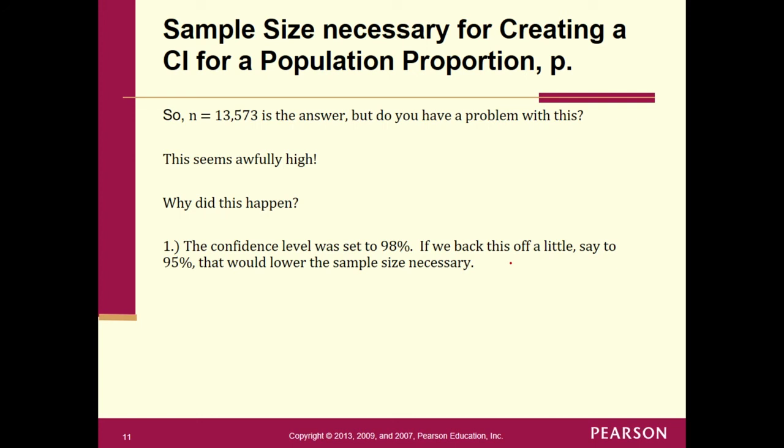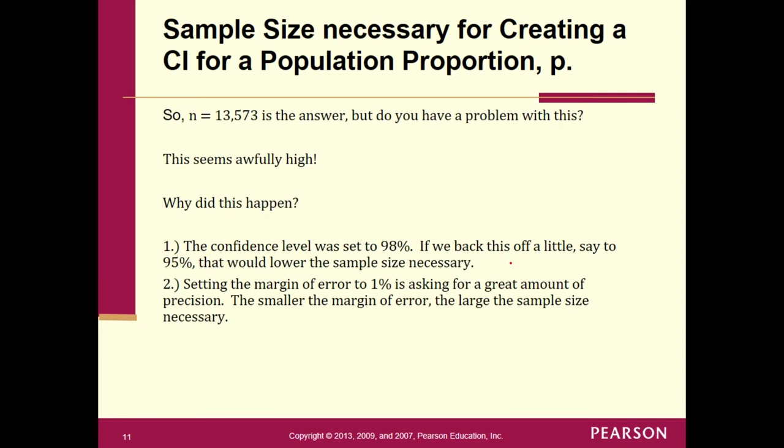Going from 98 down to 95 changes the critical value, taking it from 2.33 down to 1.96. That's the first thing. Second thing is that we set the margin of error to 1%. What that's doing is asking for a whole bunch of precision.